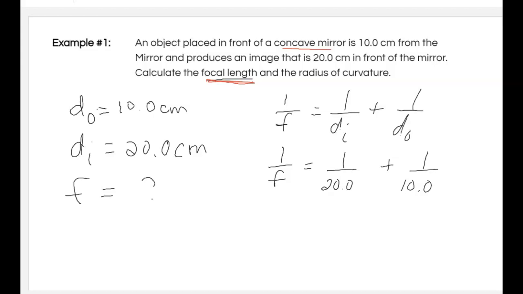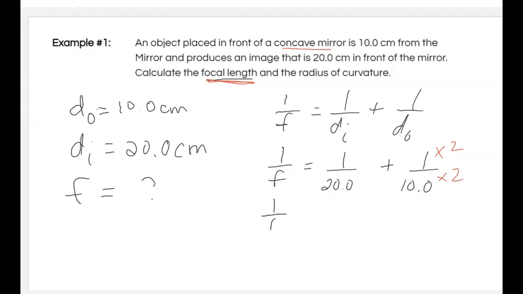Remembering that when I want to add fractions where the denominator is not the same, I need to make sure the fractions have a common denominator. So I'm going to change the common denominator to 20. I'm going to multiply this by 2 and this by 2, and that will give me a denominator of 20. Let me rewrite that.